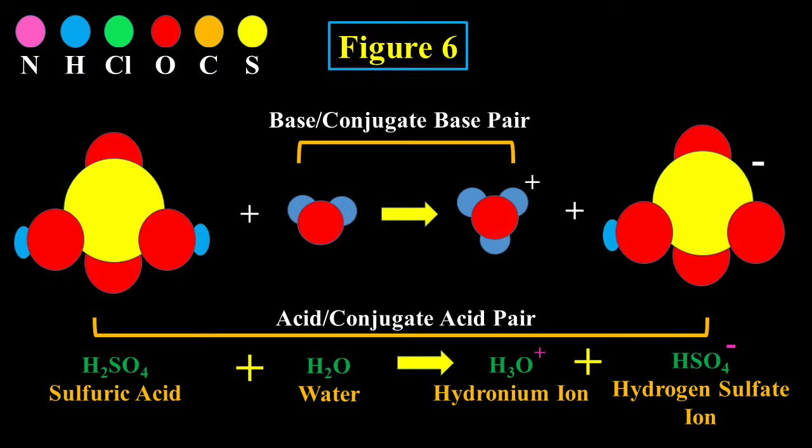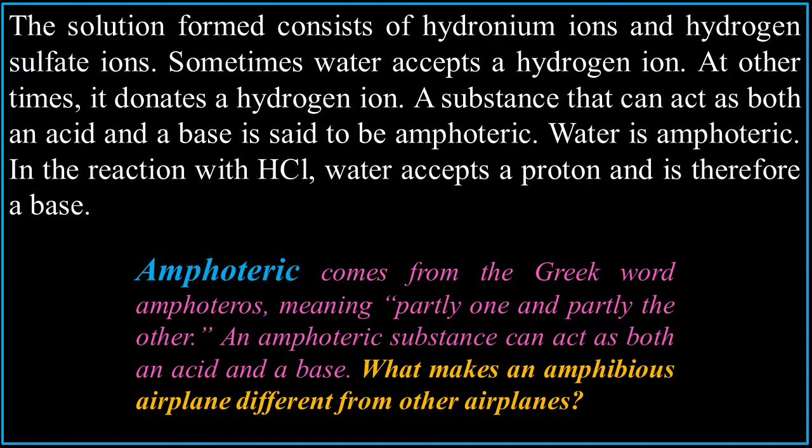And it gives you a little bit of an idea of what's going on. You can see those hydrogens are kind of hanging out on either side of the molecule that are easily hydrolyzed from water. The solution formed consists of hydronium ions and hydrogen sulfate ions.